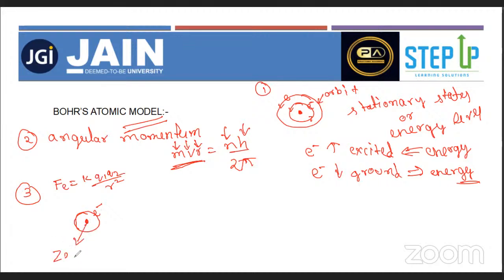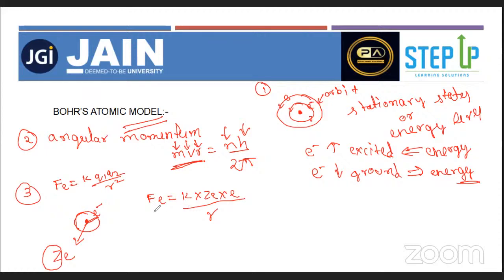The charge at the center is Ze, where Z is the number of protons present in the nucleus, and with one particular electron, that force is known as the electrostatic force. I'll write it as K Q1 Q2, where Q1 is Ze, Q2 is e, and r is the distance from here to here.